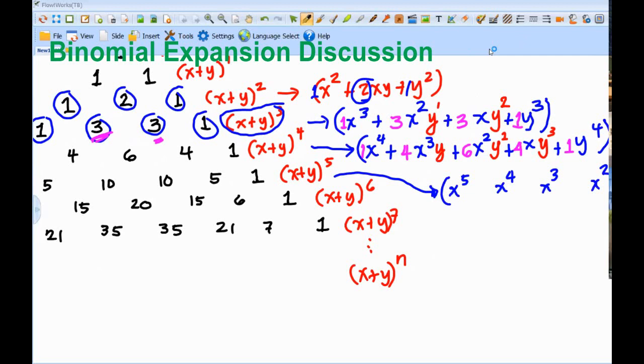All right, then we'll write the y now. Y, y squared, y cubed, and y to the fourth. All right? Jonathan, will you tell me the numerical coefficients?